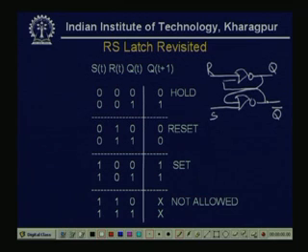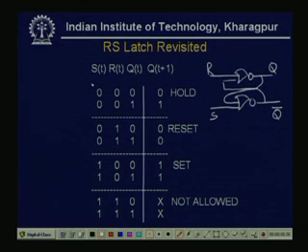Now, if we draw the truth table, say that Q means the Qt and Qt plus 1 means, say at any instant of time t we are considering the inputs of this.